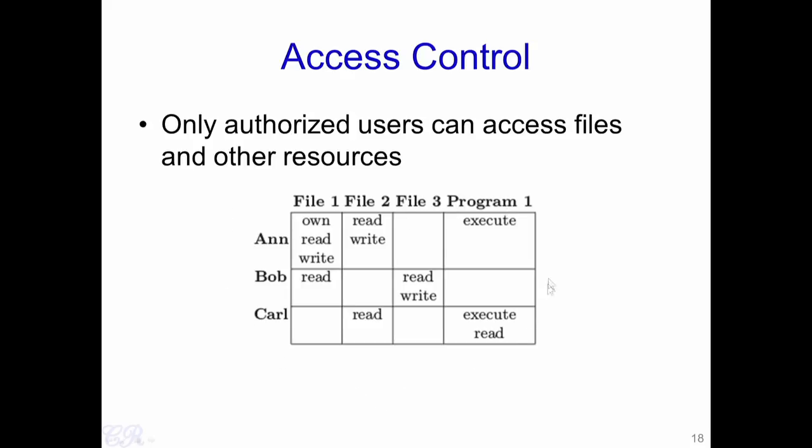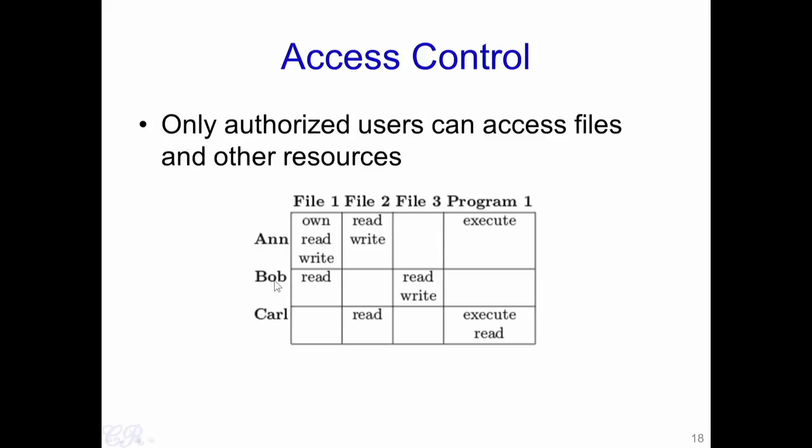So, in this system the operating system, depending on the user who has logged in based on their password, is given different permissions for each file. For example, the user Anne has the read and write permission for file 1 as well as file 2 and can execute program 1. However, Anne has no permission at all for file 3.